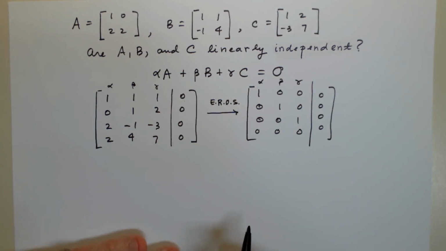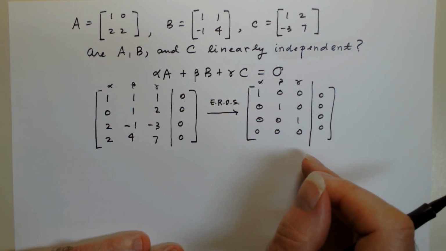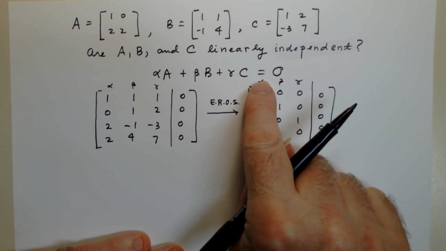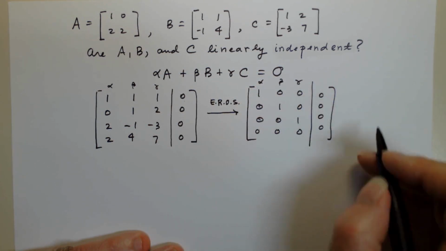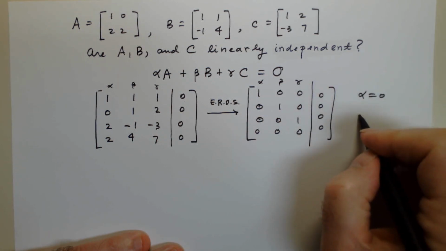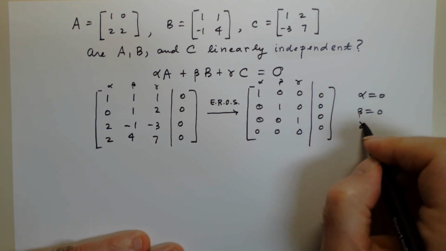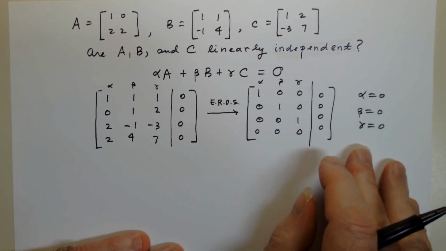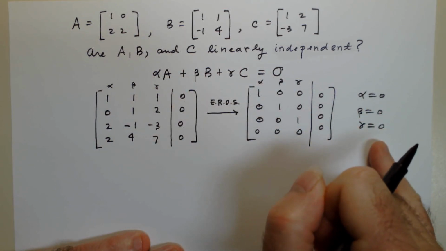And we can see that there's always going to be a solution to the homogeneous system of equations. But this one in particular says that since there's no free variable, alpha is equal to 0, beta is equal to 0, and gamma is equal to 0. And that means that the only solution to this equation is the trivial solution where they're all equal to 0.